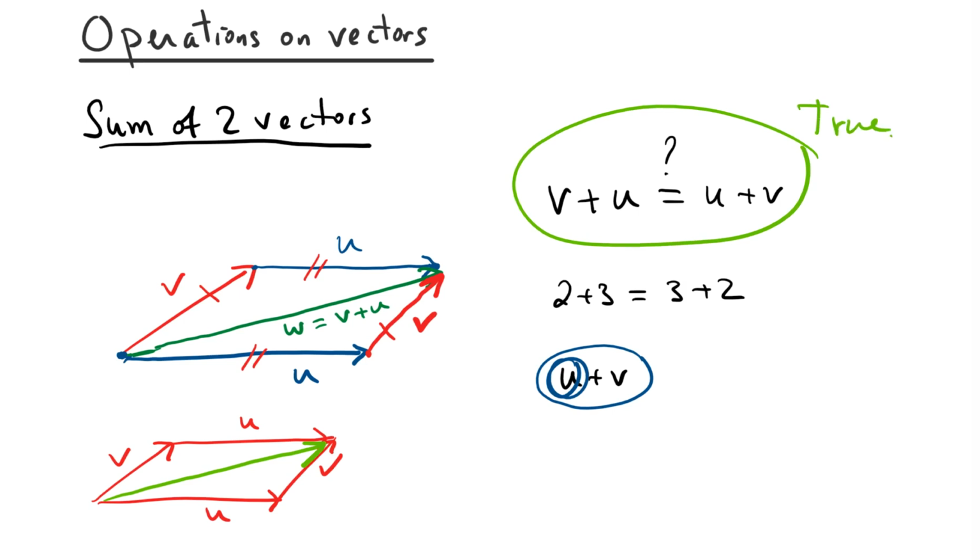You can write this in your notes, because it's going to be very useful: vectors behave like numbers as far as addition is concerned. The addition of vectors is commutative. So here I could write for this vector v plus u or u plus v. It's the exact same vector.